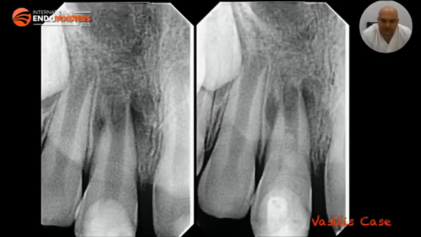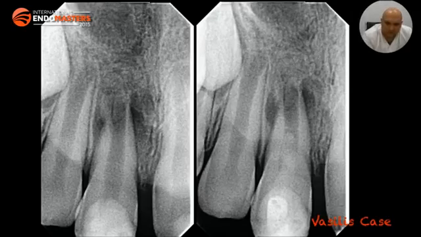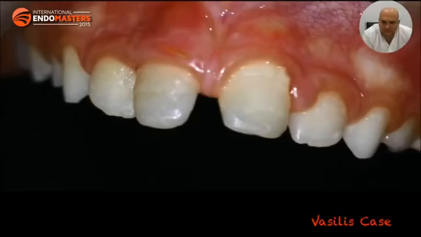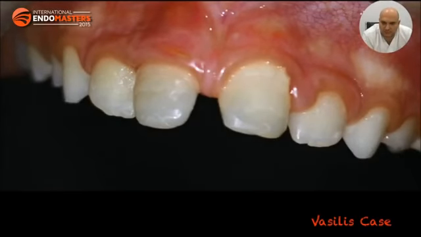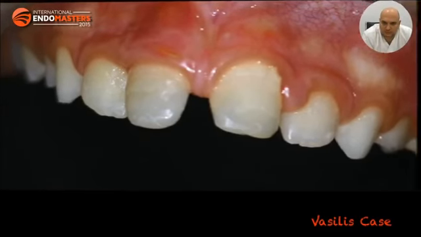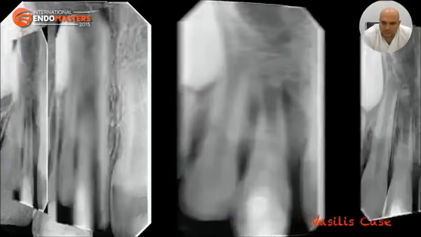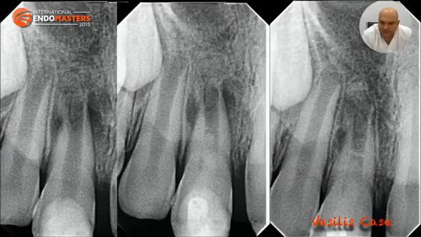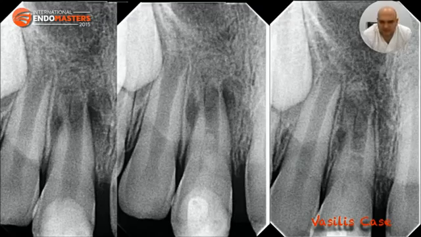This is my postoperative radiograph of my efforts, and this is 7 months later. The periapical lesion is almost healed, and it seems that the apical cracked immature apex demonstrates some signs of continuous root development.